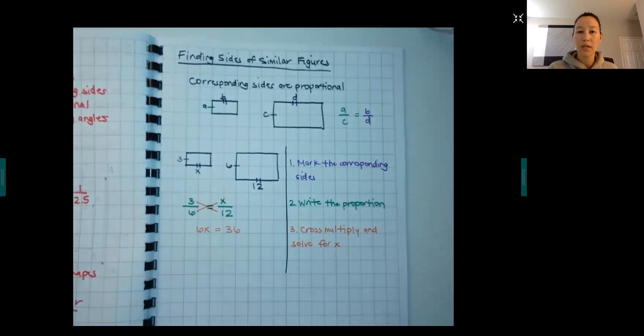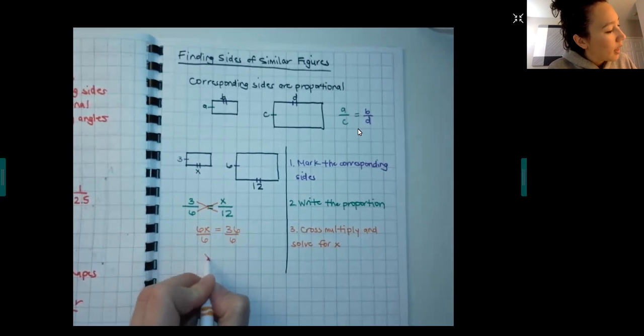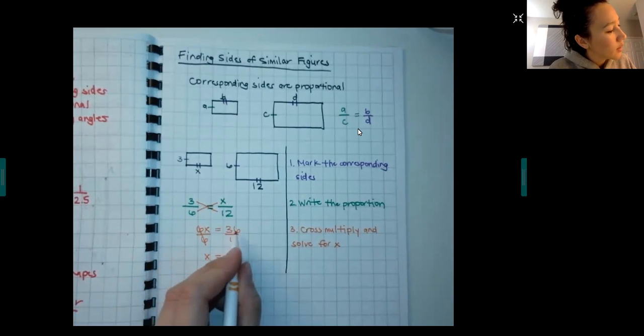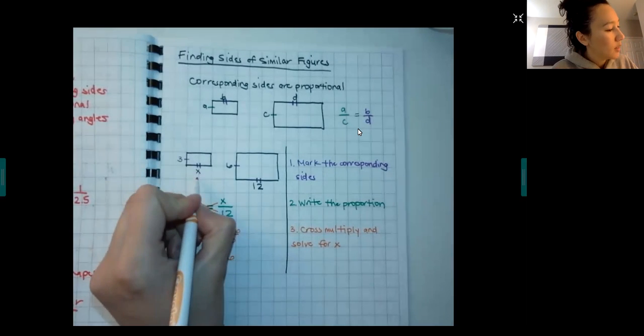So 6x equals 36. And then we are just going to solve for x. So we divide both sides by 6, and x equals 36 divided by 6, which is 6. So this side would be 6.